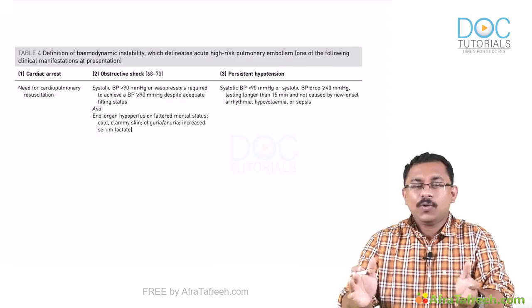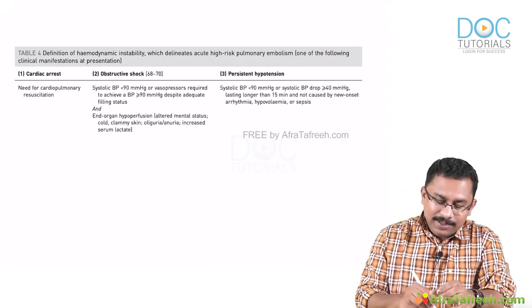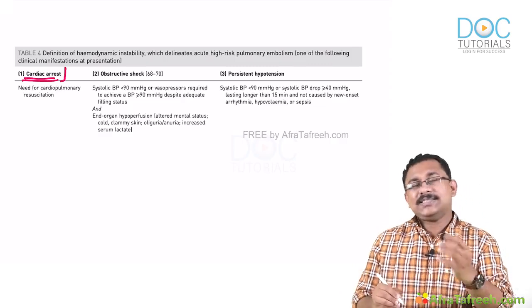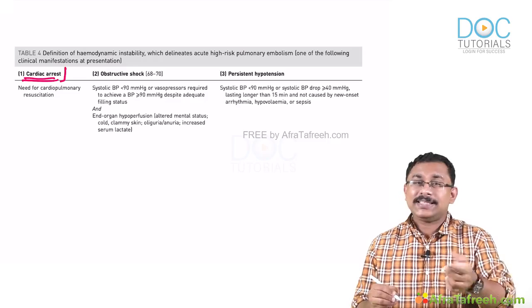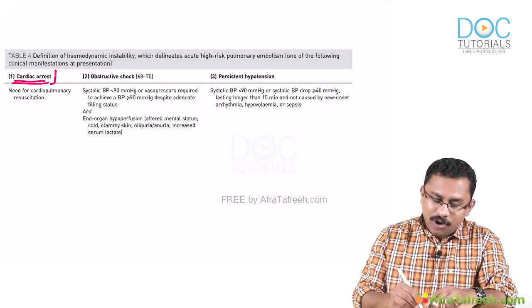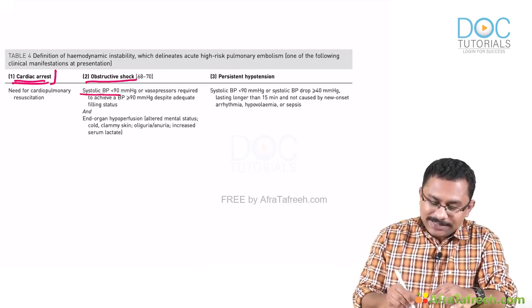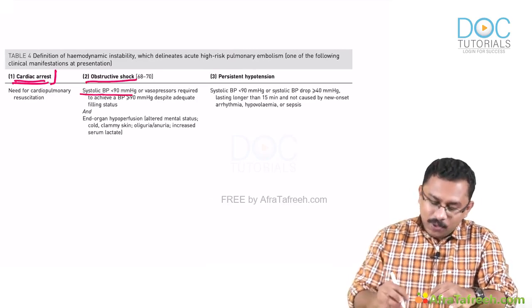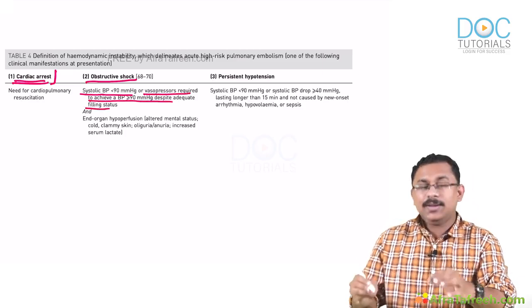When you talk of hemodynamic instability in the setting of a pulmonary embolism, it can either mean a cardiac arrest, that is, if the patient has gone for a cardiac arrest and cardiopulmonary resuscitation was required in that individual, or he has gone for an obstructive shock in which his systolic BP is less than 90 millimeter mercury and vasopressors are required to maintain it more than 90 millimeter mercury.